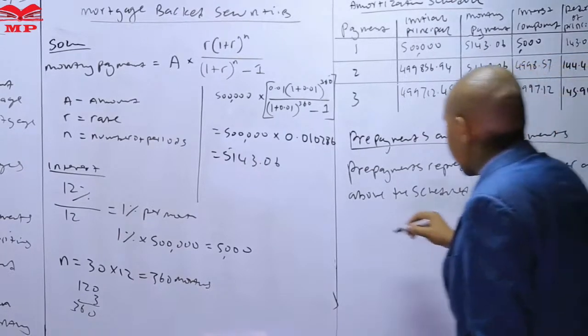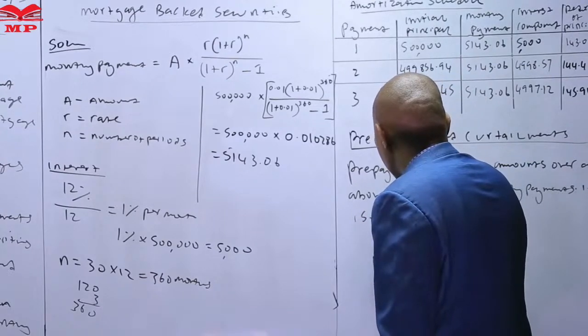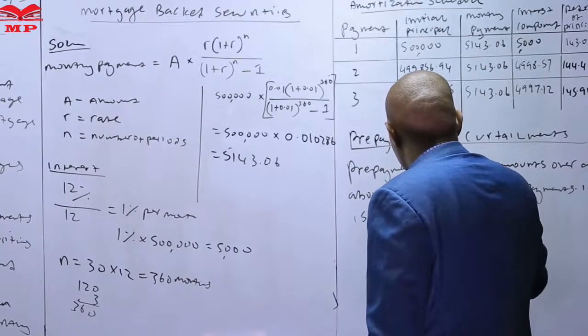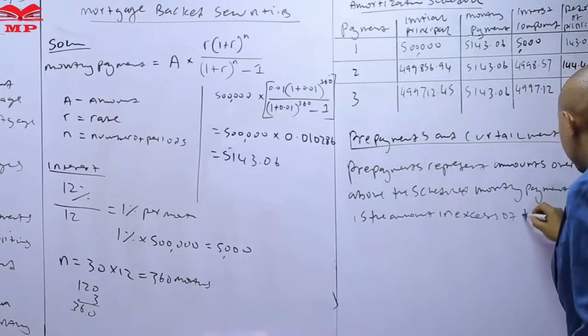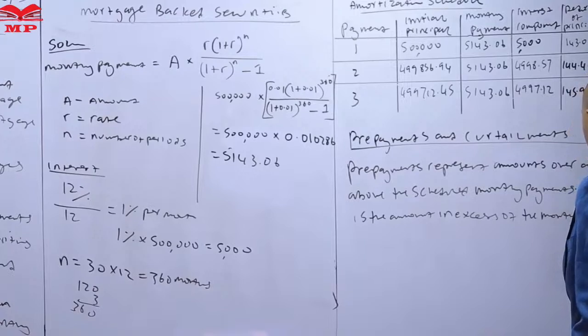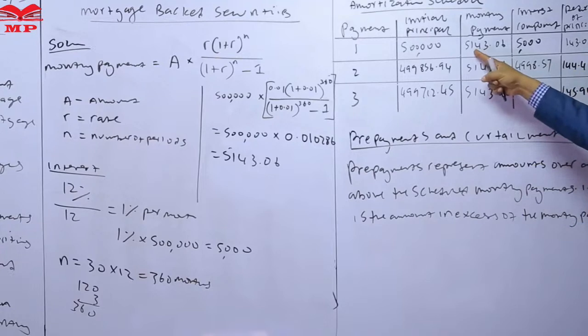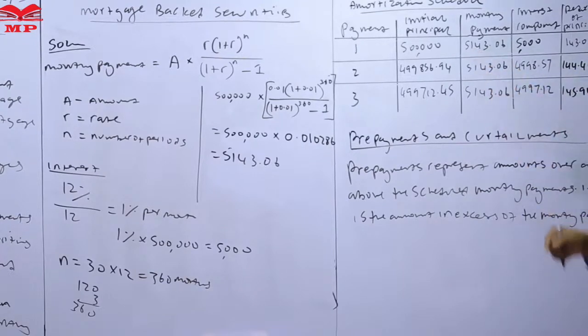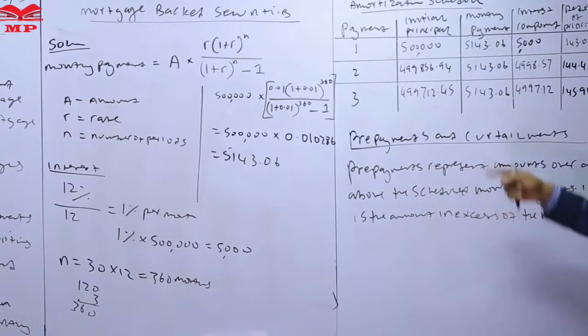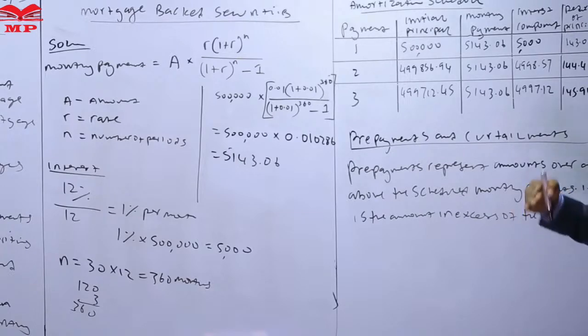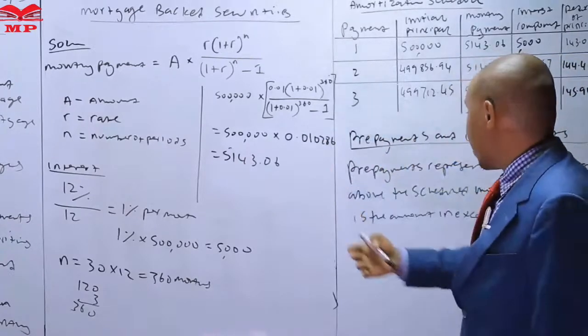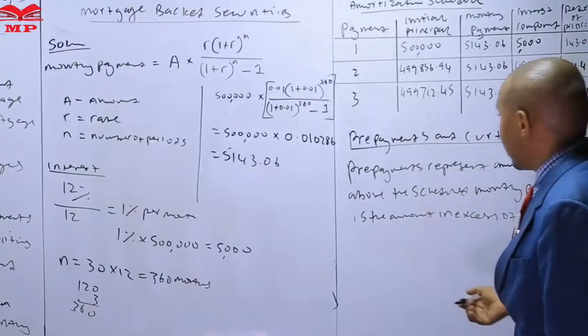It is the amount in excess of the monthly payments. You're supposed to pay 5143, you decided to pay 6,000 shillings. So the difference between this and the 6,000 shillings is the amount of prepayment. Prepayments represent amounts over and above the scheduled monthly payments.